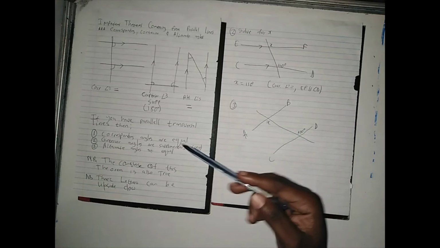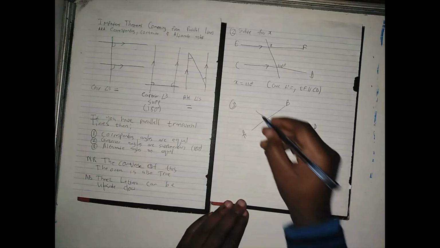So, for example, here, we are going to look at two angles that we're dealing with. It's x and this angle, which is 120 degrees.